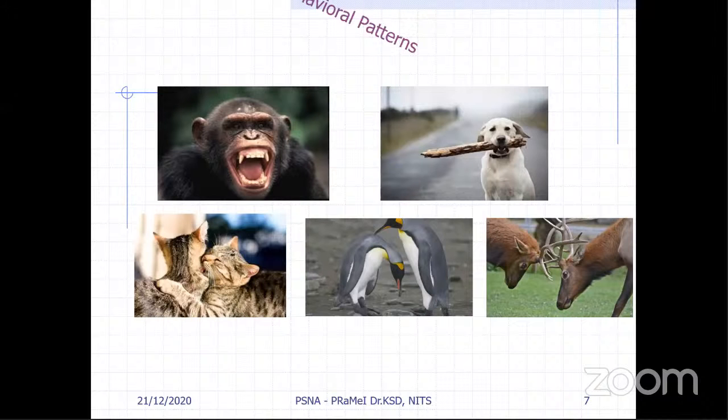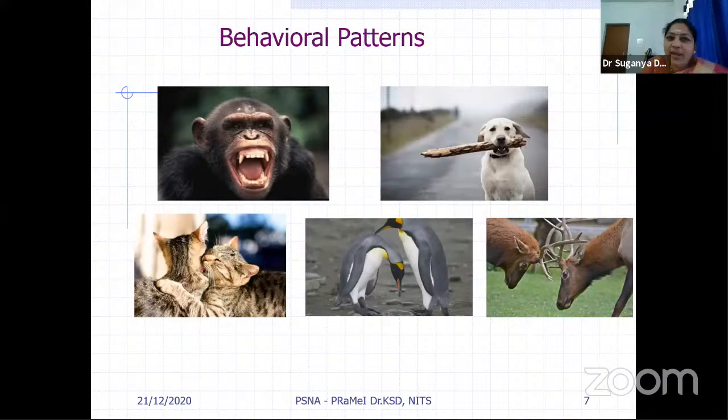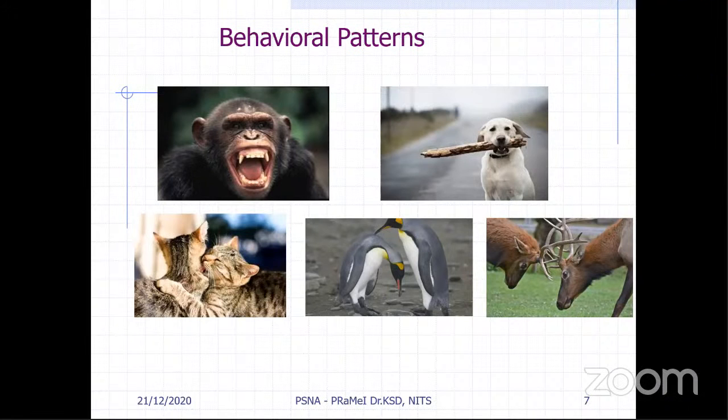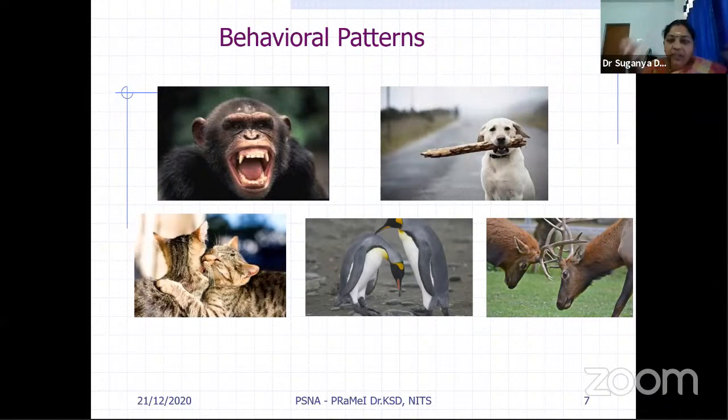Yes, this is some of the behavioral patterns. The monkey will behave like this only. It will scream like this, and it will itch like this. And the dog, if I throw anything, based on the training, will pick up the stick or whatever the object may be. So it is nothing but the behavioral pattern.